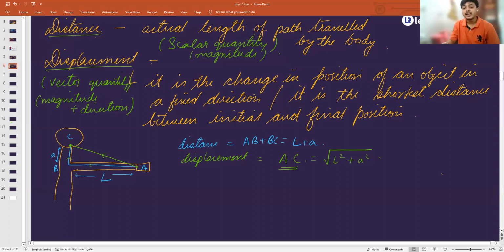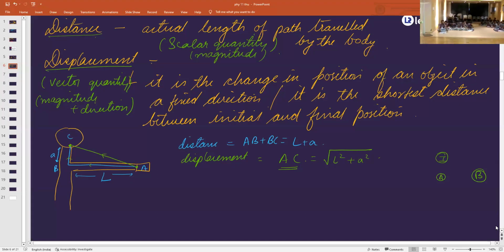For example, if you are here at position A, you are blindfolded, and I am standing in front of you, and your friend is standing here. If I say that your friend B is 5 meters away from you, will you be able to catch him? Yes, sir.